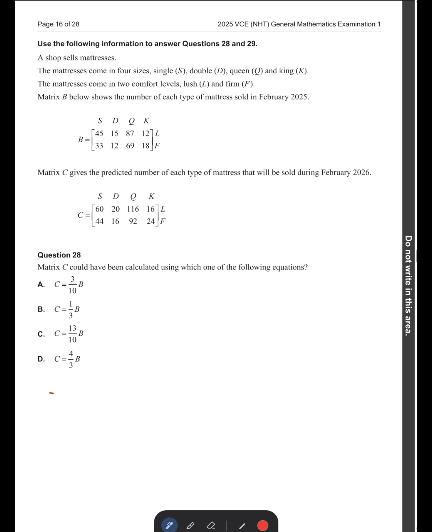All right, so we can see that we are changing our numbers here. Now we just want to look at how much it's going up by. So 45 to get to 60 is actually increasing by 15. So we're going to do 15 over 45. We're going to see that that's actually the same as a third.